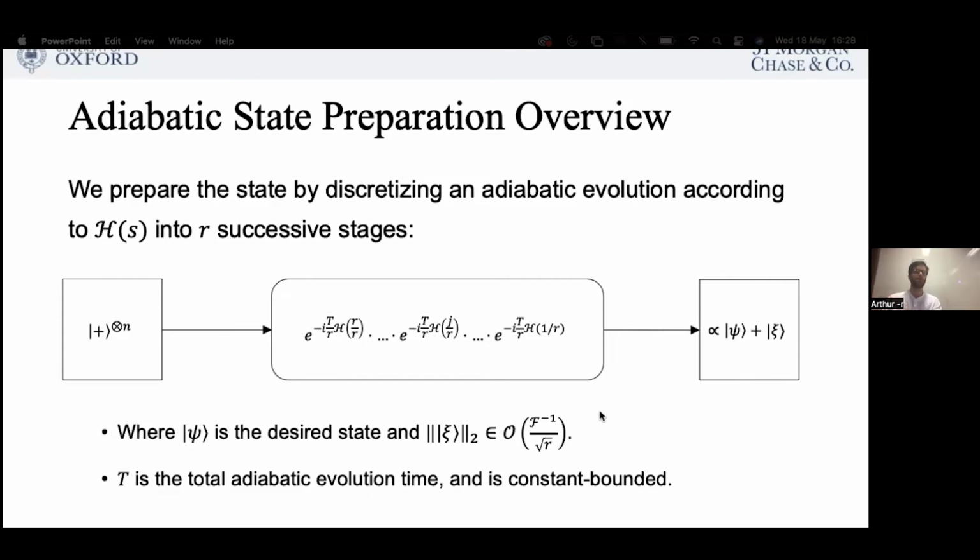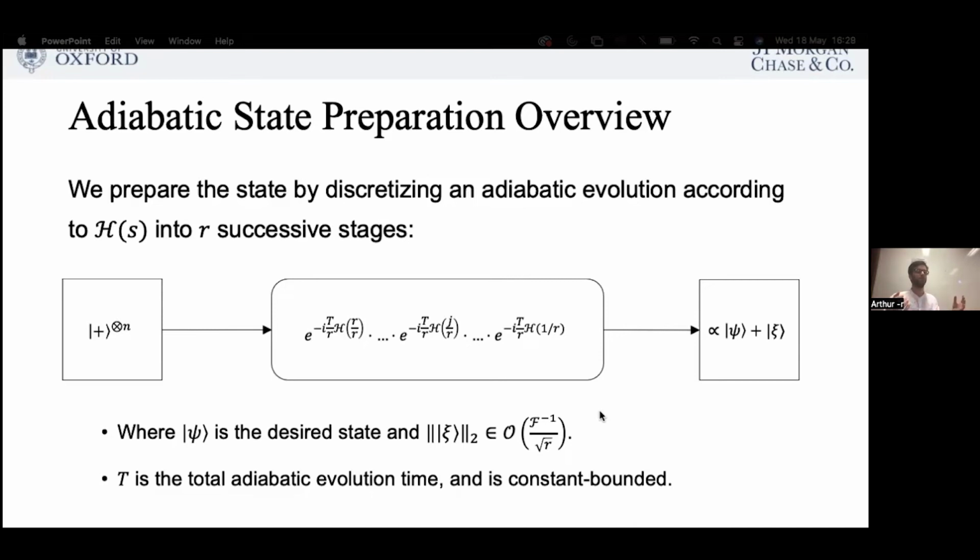So basically the way adiabatic evolution works is you start with some initial state that's the ground state of the initial Hamiltonian. Then if you slowly morph your initial state according to a time-dependent Hamiltonian, if you're morphing slowly enough, you will end up in the ground state of the final Hamiltonian.